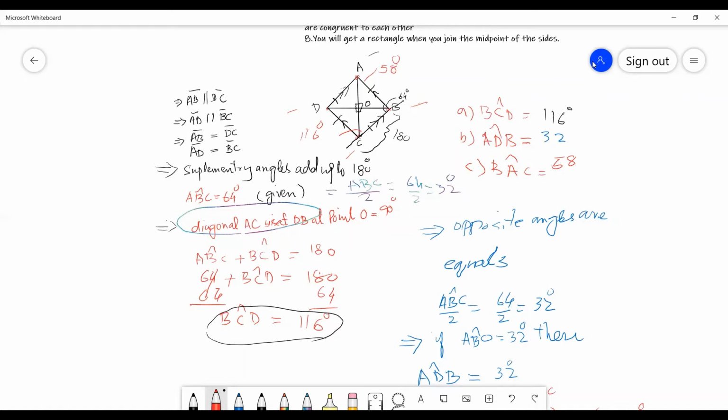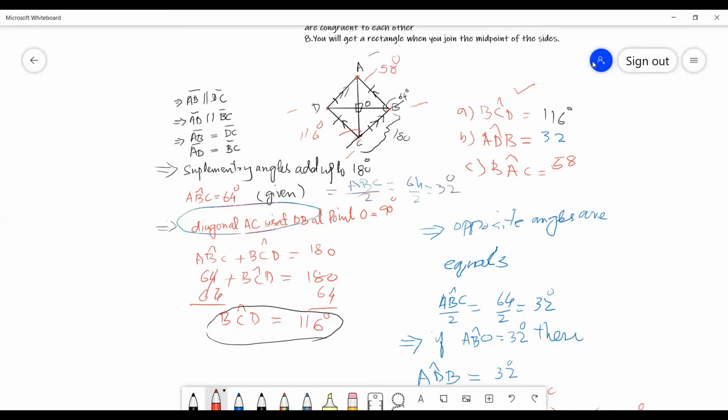The information given in the question is that angle ABC is equal to 64 degrees. The information required is, part A, angle BCD, part B, angle ADB, and number 3, angle BAC, which I already solved, and the answers are given in front of these angles.